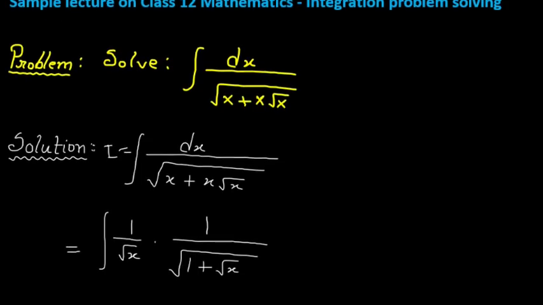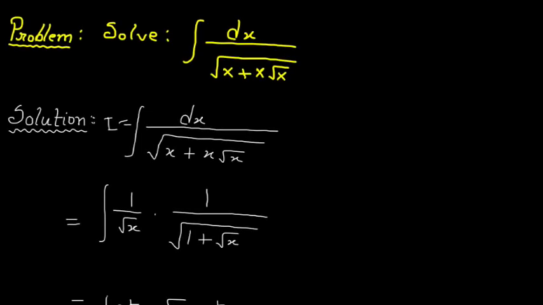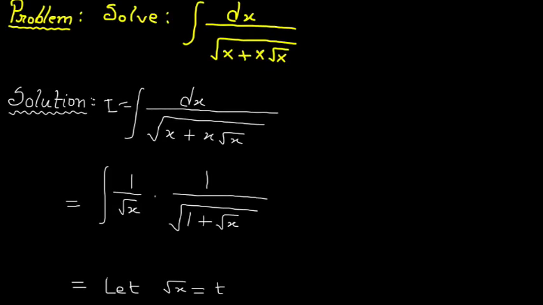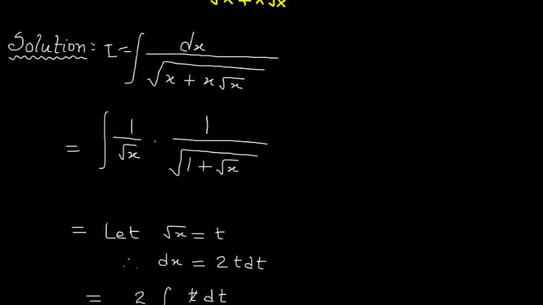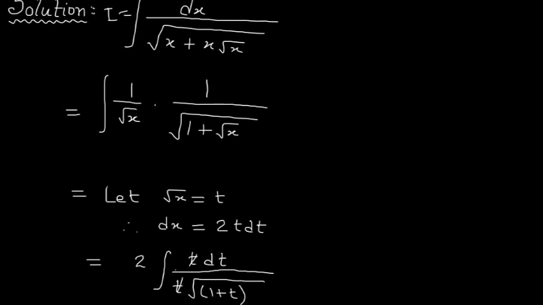So the problem is: solve the integration of dx under root x plus x root x. So let I be equal to the integration of dx upon root x plus x root x. We'll separate it, then we get 1 upon root x dot 1 upon 1 plus root x.